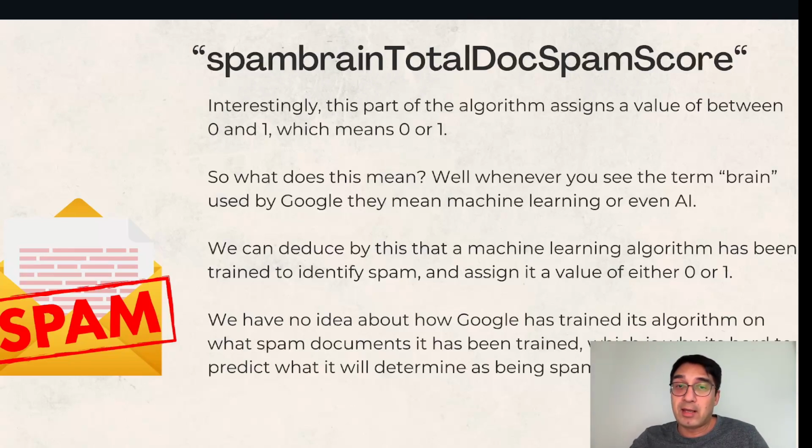And that has helped train the machine learning algorithm how to spot spammy content or the signs that a piece of content is spammy. Since we have no idea what type of content Google has trained its algorithm on, I can't say for sure what types of content the machine learning algorithm will see as spammy. But it's safe to say that if you follow SEO best practices and write good content, it will probably not be seen as spammy.